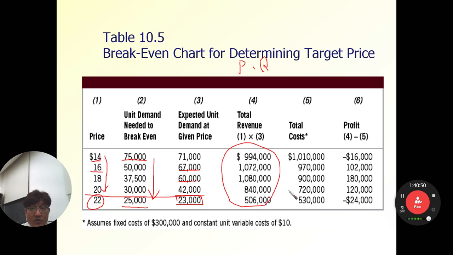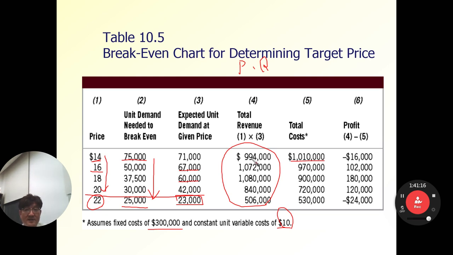You know that the unit variable cost in the previous case is $10, and the fixed cost is 300,000. With this information, you can calculate total cost: 300,000 plus 71,000 times 10. That is variable cost. It ends up at 1,010,000, something like this.